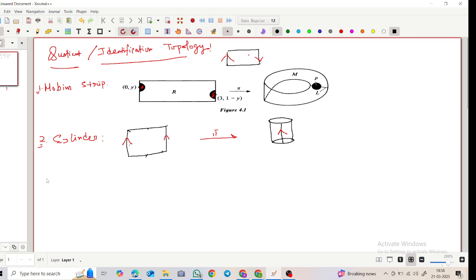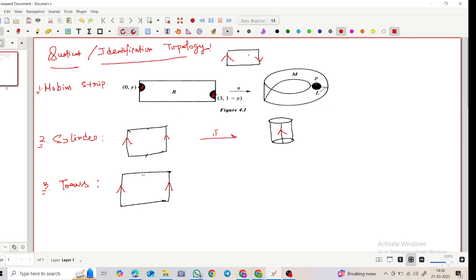Now what will be your torus? So torus is nothing but, first you make a cylinder. Okay.